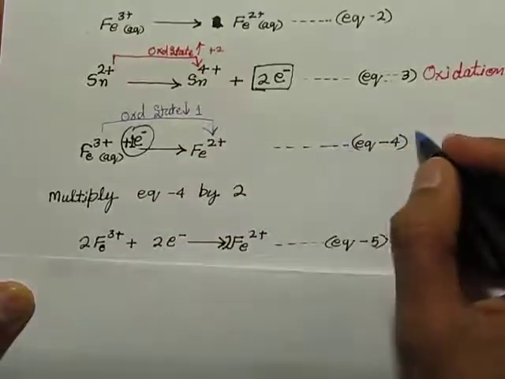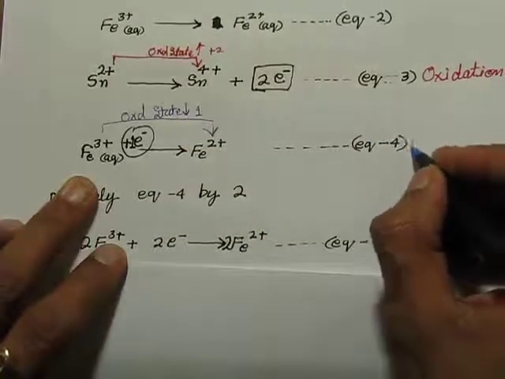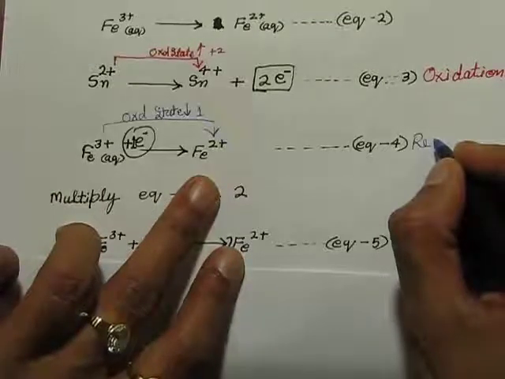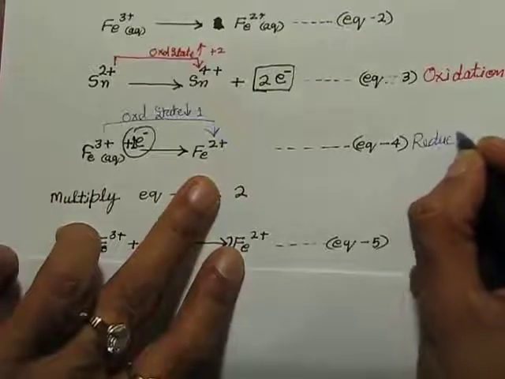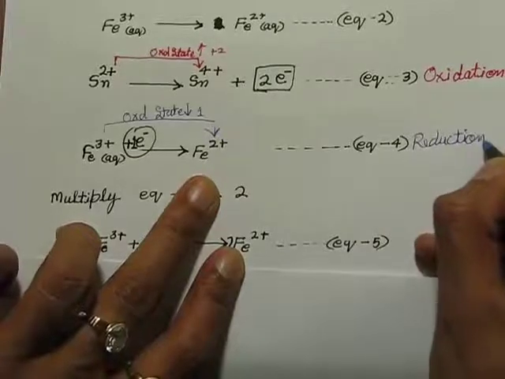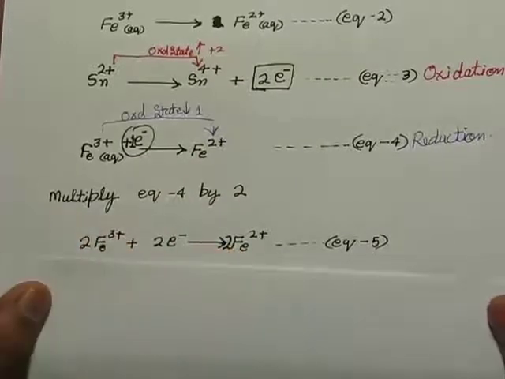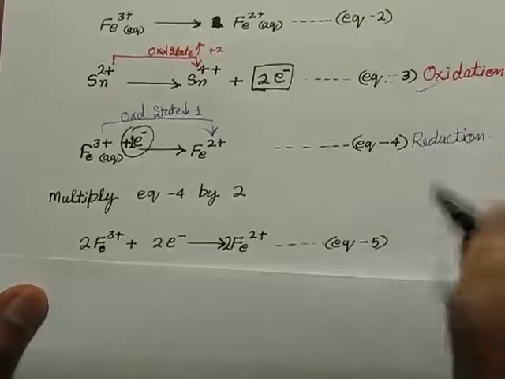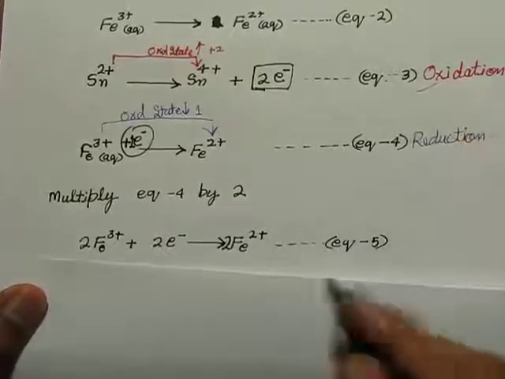So in this reaction iron 3+ is reducing to iron 2+. So this is our reduction reaction. Now we have our oxidation reaction and reduction reaction.